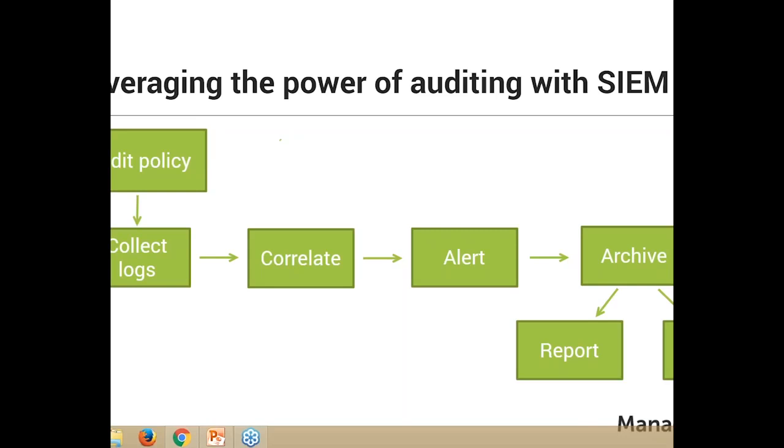And most importantly here, you can archive all this log data, because remember, log data contains information about every event that is happening in your IT infrastructure. So you can archive these logs so that you can run reports to show your auditors that you have these systems in place for complying with the GDPR.